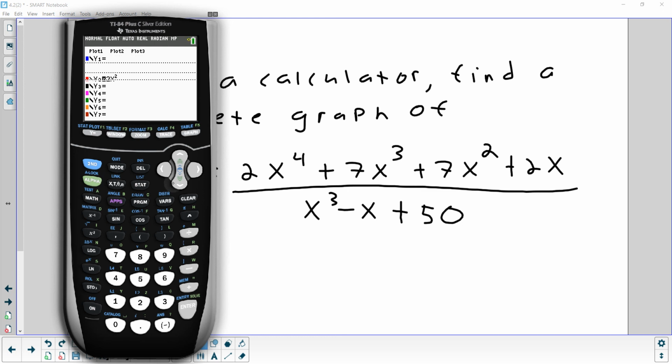So let's type this in and see what happens. 2x to the 4th plus 7x cubed plus 7x squared plus 2x, divided by x cubed minus x plus 50. All right. And we're going to do a zoom 6 and just see what it looks like.